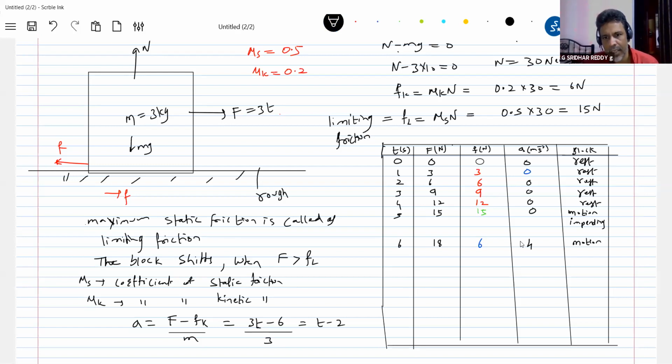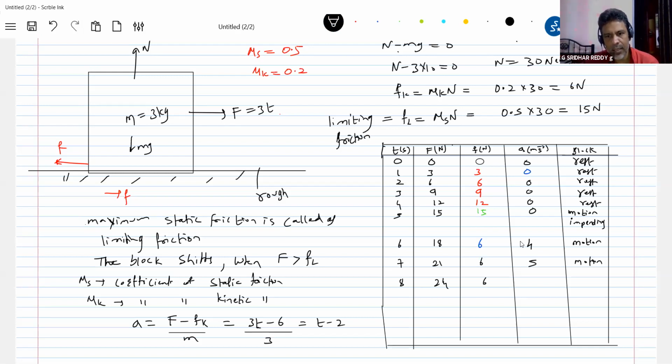Then we will take t equal to 7. Applied force will be how much? 21 Newton. Then how much friction will be there? 6 Newton. Then acceleration will be 5. The block will be moving. For t equal to 8, this will be 24. This will be 6.